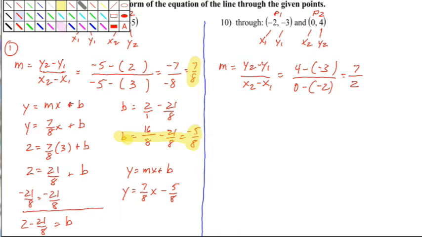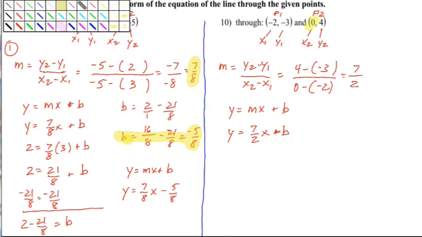Now I need to find my b value. So I use the same process. I start out with y is equal to mx plus b. I replace my slope with the value that we found, and this becomes y is equal to 7/2 x plus b. Now I need to take one of my points and plug it in. And I've been given something special here.